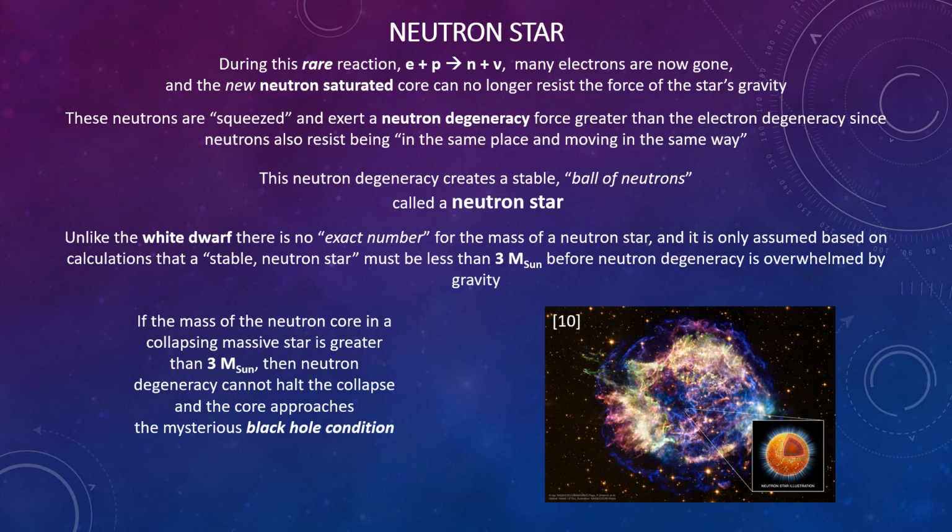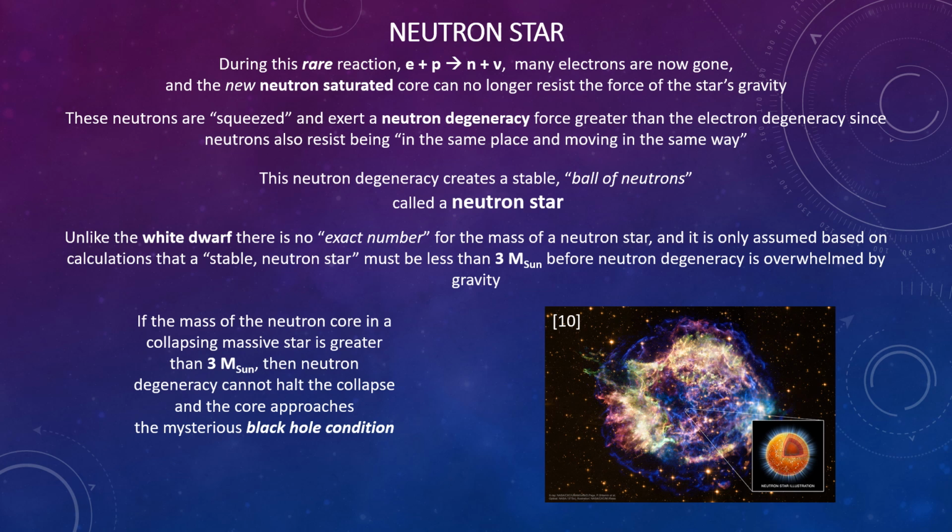So if the star is very massive, but not massive enough to become a black hole, it will become a neutron star. In this type of reaction, an electron and a proton combine, which gives us a neutron and a neutrino. Now many of the electrons are gone, and our star is composed primarily of neutrons.